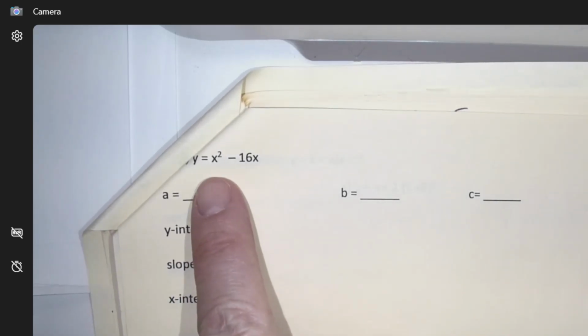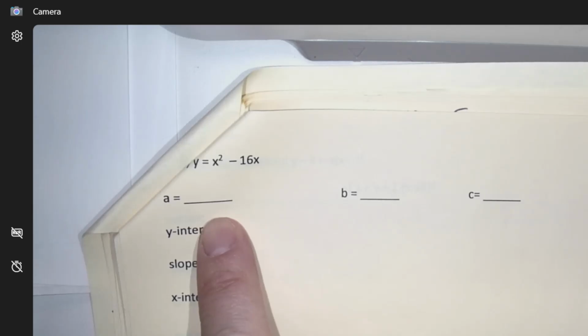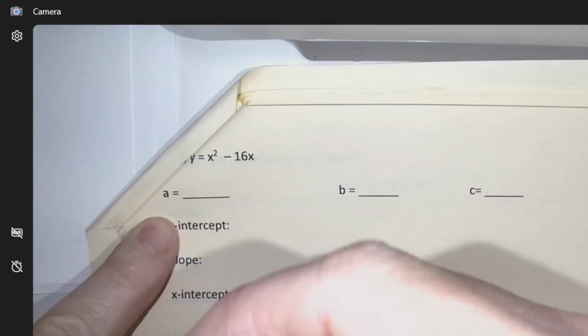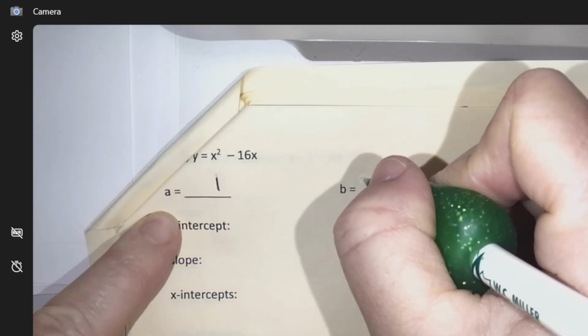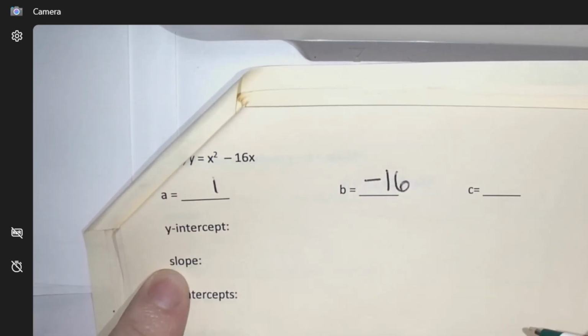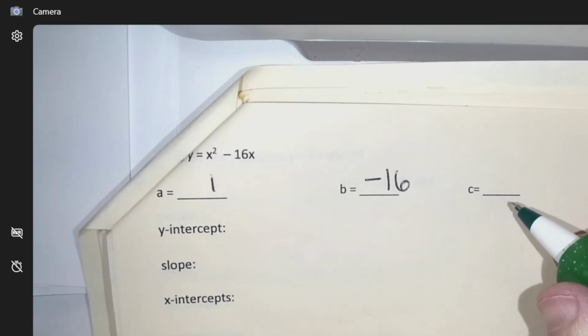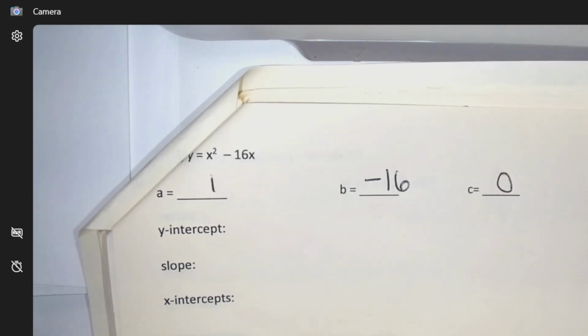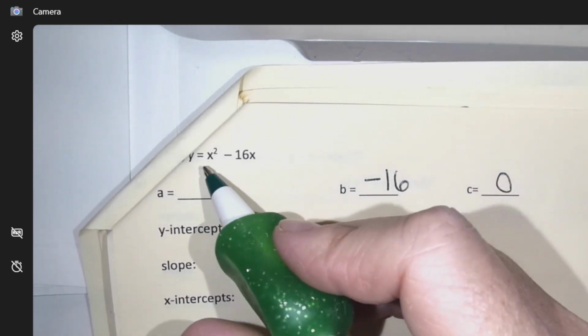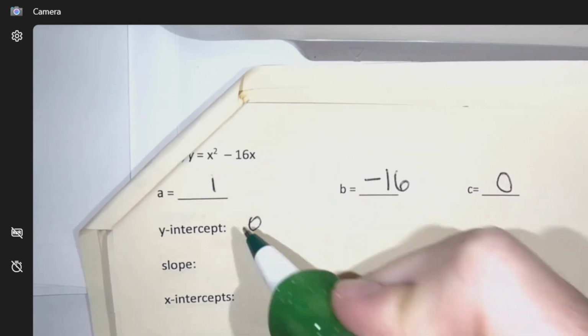Okay, so we have an equation. Get me my ABC values. How many x squareds? 1. How many x's? Negative 16. How many constants? 0. Good. It's not there, right? So 0. What is your y-intercept? What happens if x was 0? What would you get if you plugged in 0? 0.